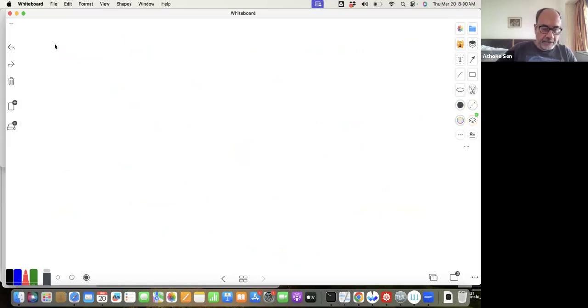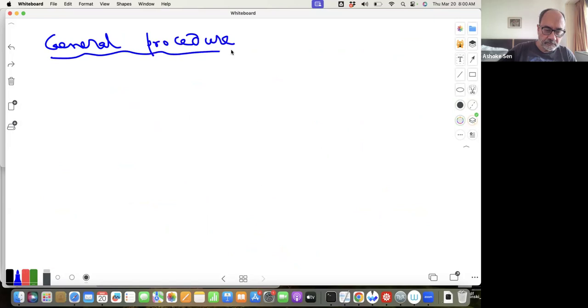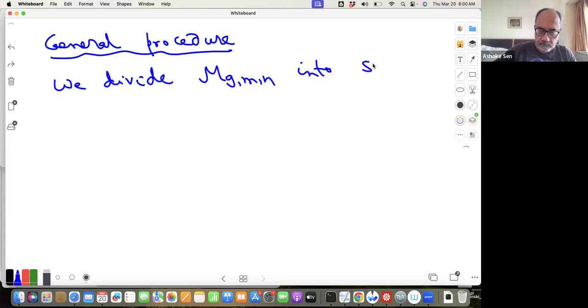So then the general procedure, let me explain. The general procedure: we divide the moduli space. Instead of trying to deal with all of the moduli space at one go, you just think of this as a collection of many small regions.